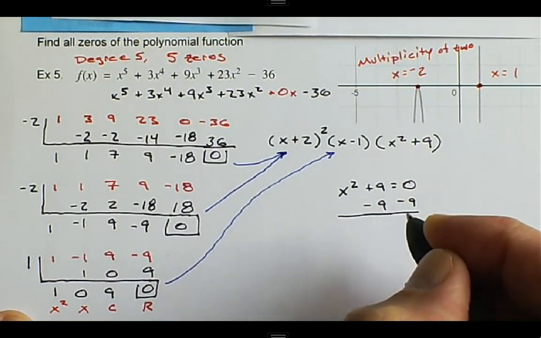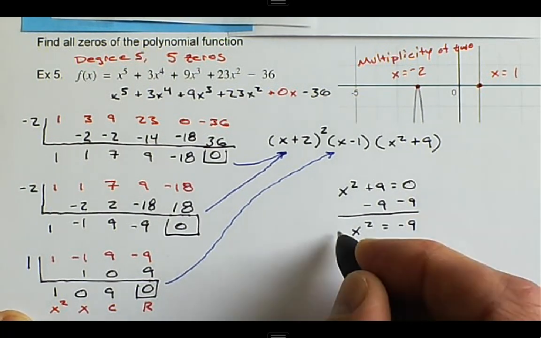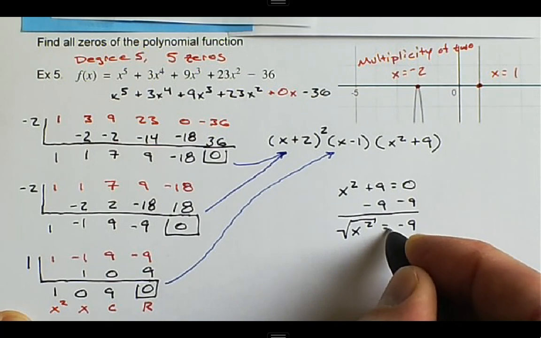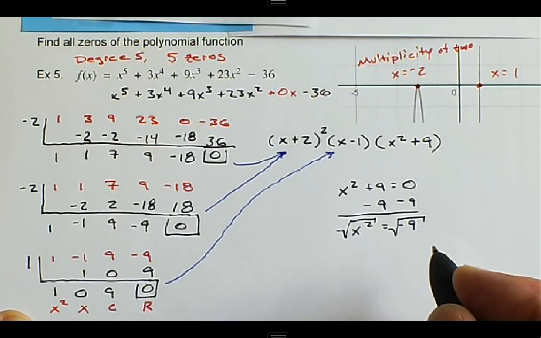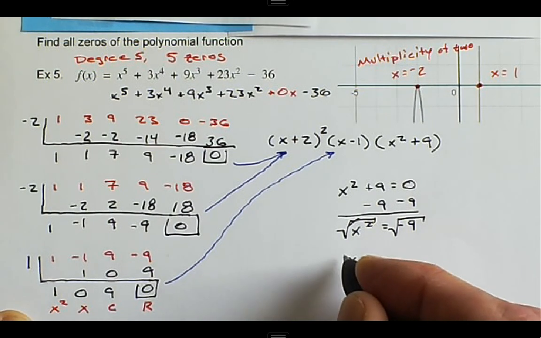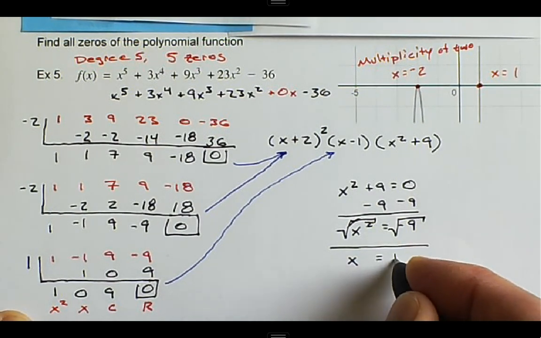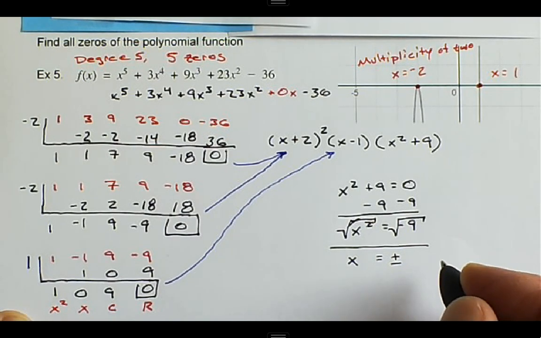Subtract 9 from both sides. We get x squared is equal to negative 9. Then we can take the square root, and the square root cancels our square, so we get x. And anytime we take the square root when we're solving, we have to include plus or minus.